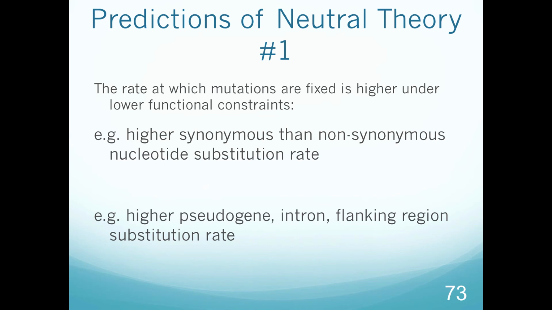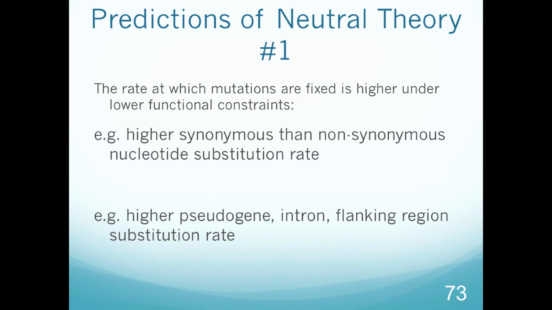So the predictions of neutral theory are that the rate at which mutations are fixed should be higher when there is no selection involved. So we would expect that there would be a higher synonymous mutation rate than non-synonymous mutation rate, because remember that neutral theory predicts that most non-synonymous changes will be deleterious, not advantageous.